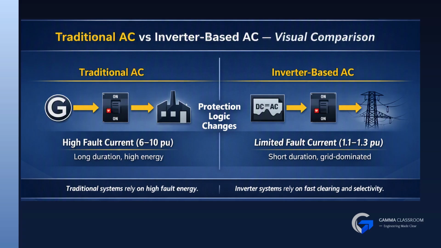Its fault current is limited to about 1.1 to 1.3 per unit, and only for a few cycles. That means the grid supplies most of the fault energy, and our protection strategy must shift toward fast clearing, tight coordination, and selectivity.